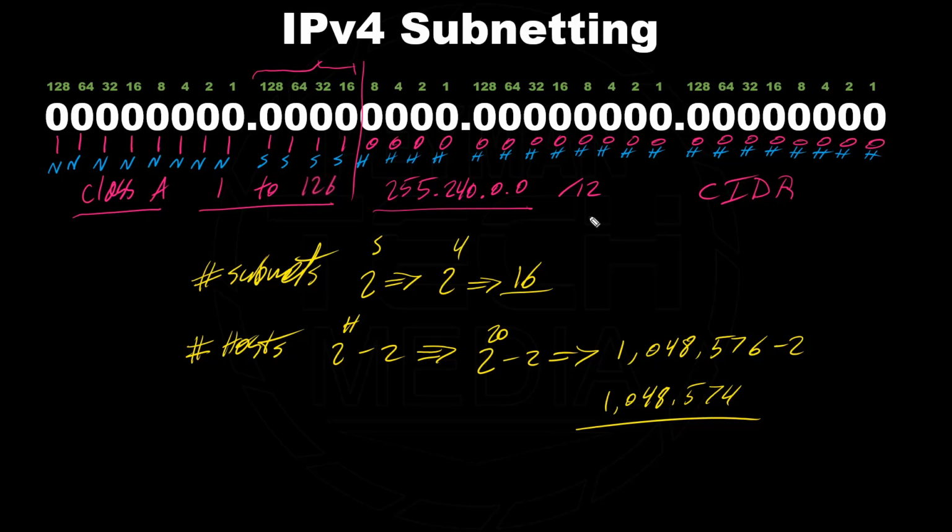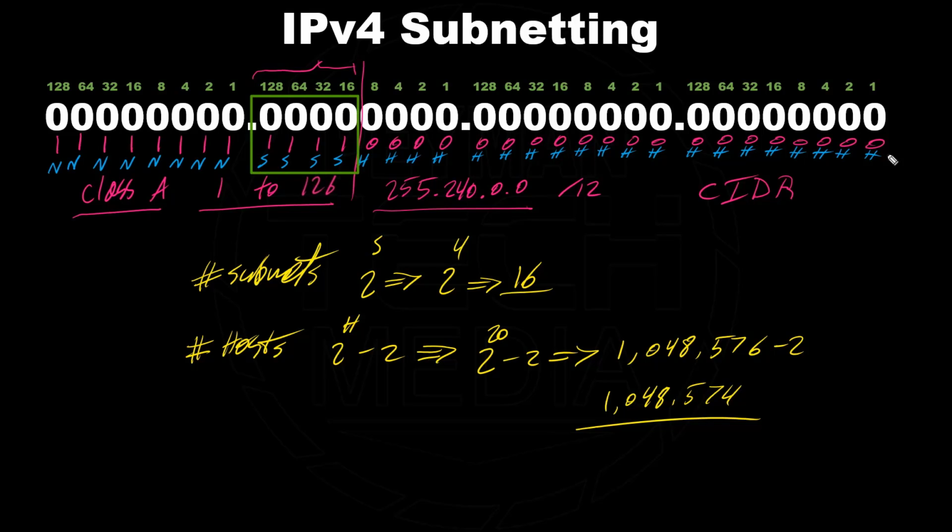So having one class A IP address with a subnet mask of 255.240.0.0 gives us 16 subnets, and inside every subnet we can have 1,048,574 available IP addresses. And here we can see the differences between host bits, network bits, and subnet bits. Remember, what are the subnet bits?